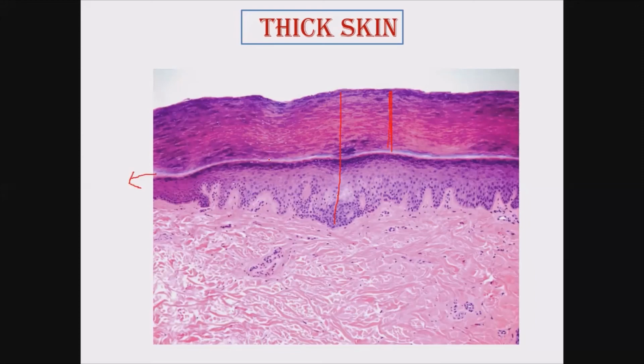Then we have a well-defined stratum germinativum, and then other layers, spinosum and basal. So here the lucidum is clearly seen and the stratum corneum is very thick. This is your epidermis. This is your dermis part in which we cannot see any hair follicles. Usually thick skin does not contain hair follicles or sebaceous glands.